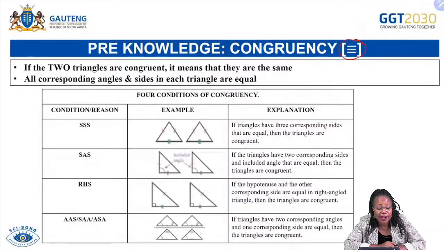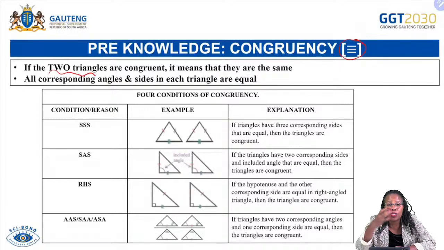If we say two triangles are congruent, it means that they have the same corresponding angles and the sides in each triangle are exactly equal. For example, a real life example of congruency is your hands. If you match them, the sides match the same, and the corresponding angles of your fingers will be the same.